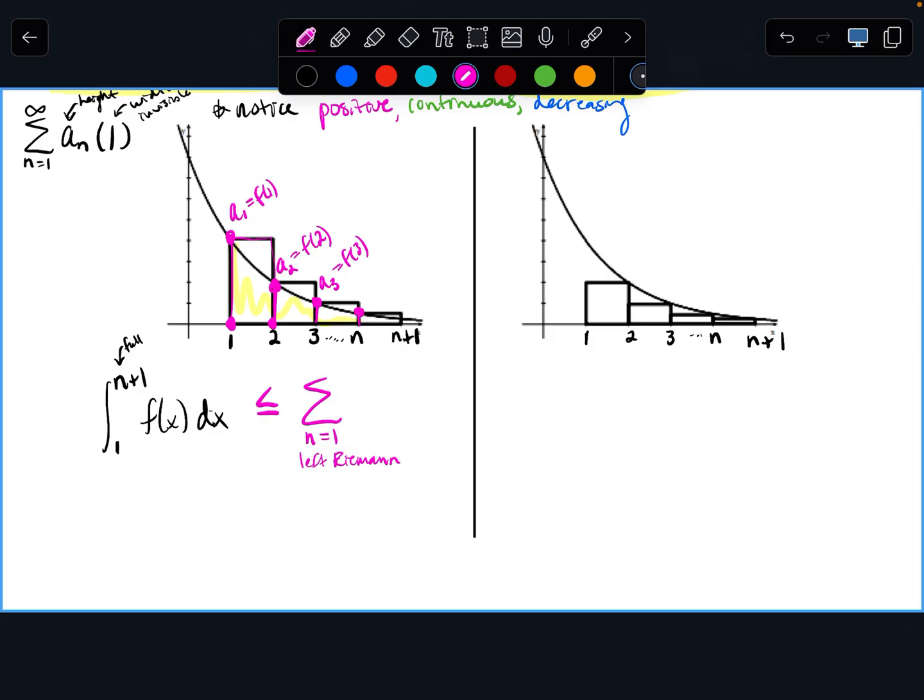You're going to stop at a sub n if you're using left Riemann sums, because that'll cover your whole area then. So this sigma is going to go up to n, and it's going to be a sub n, and then obviously the 1 is kind of invisible, but that's how you're finding those areas.